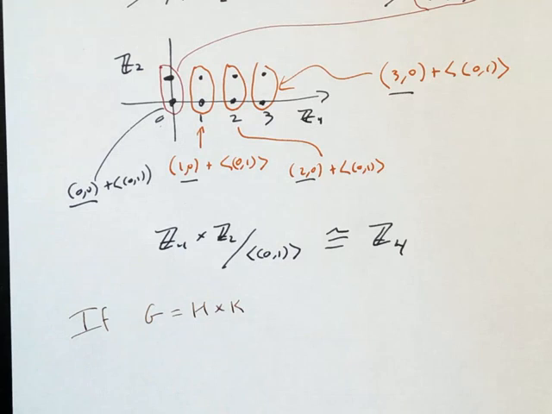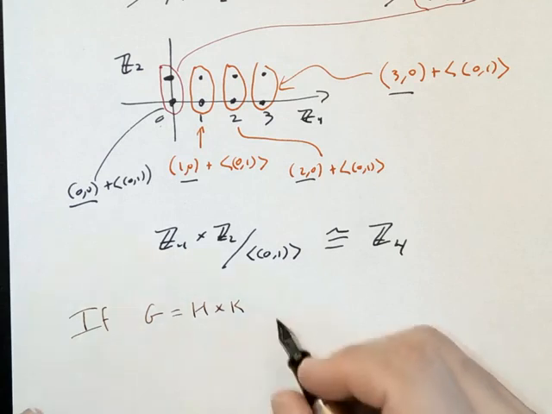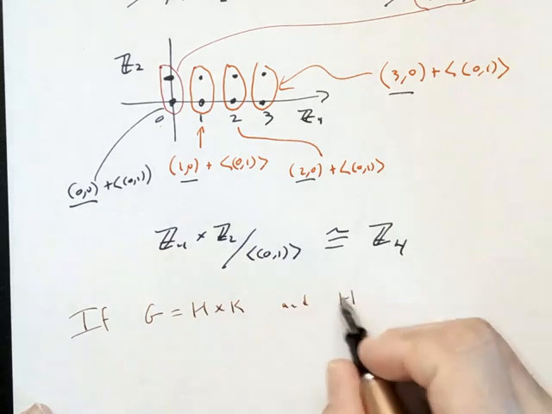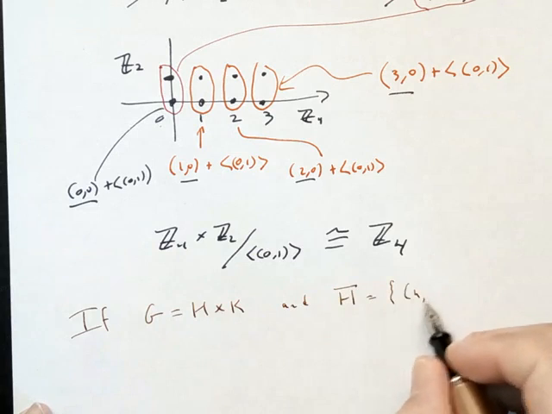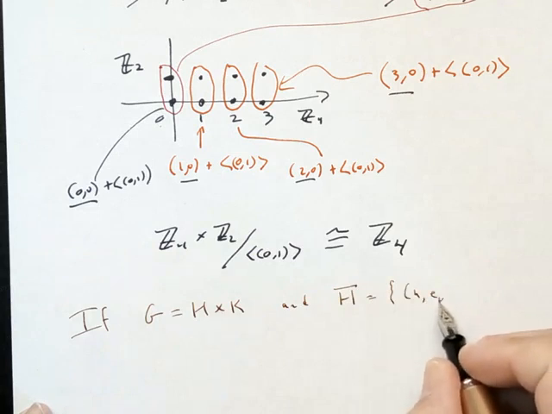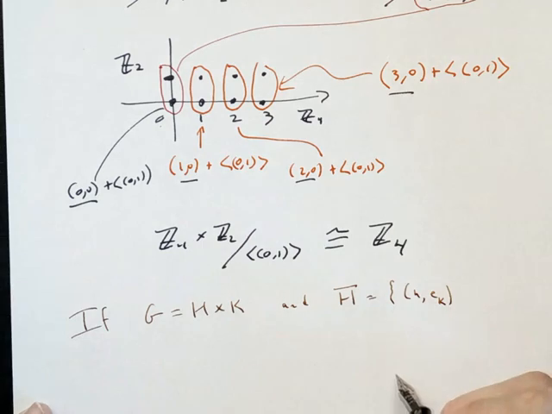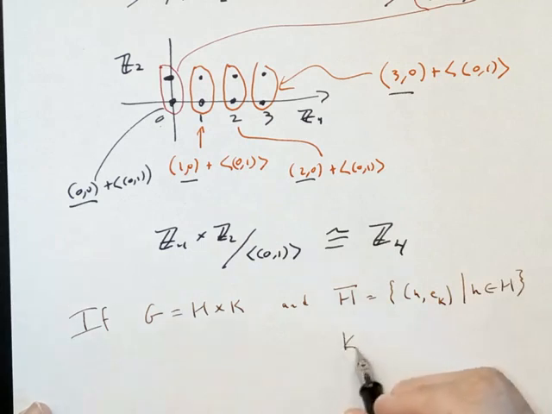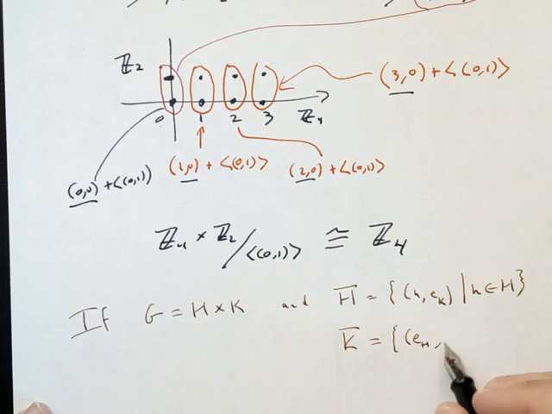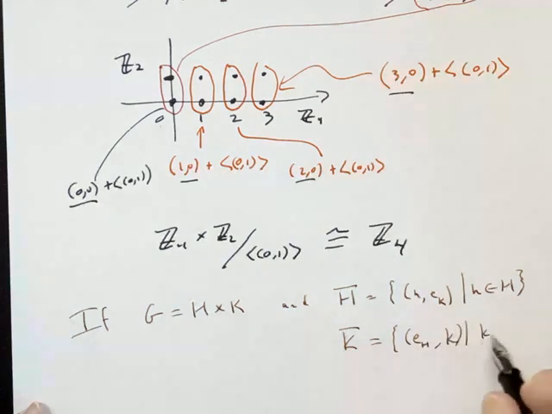So let's suppose I have a product of two groups, H and K. Let's name H bar to be the set (h, e), where e is the identity in K, and h is any element in H we want. Similarly, K bar is (e, k), where k is any element we want from that group.